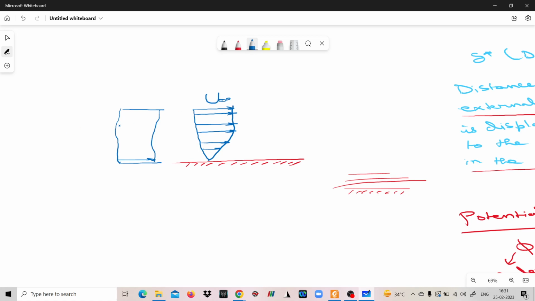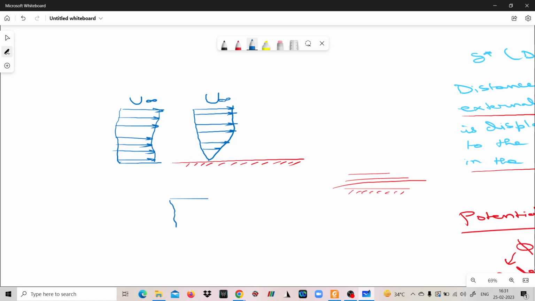But if there was no solid boundary, then from y equal to 0 to y equal to delta, the velocity everywhere will be U infinity. So here the distribution is basically a rectangle. For this case, and here it is something like this.